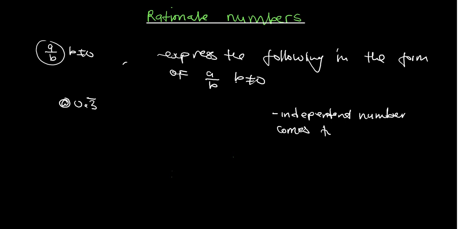So in short, the answer is 1 over 3, just like that. So that's in the form of a over b. All right, so that's about this one. So simple. You can pause the video, copy, and solve it yourself after watching the video.